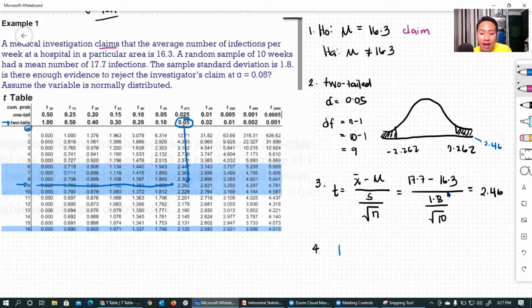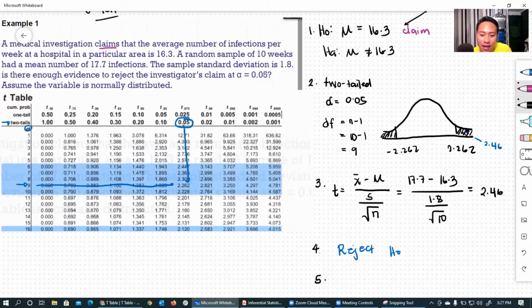This means that your step 4 decision should be to reject the null hypothesis. And for step 5, to state the conclusion, you are rejecting the H0.